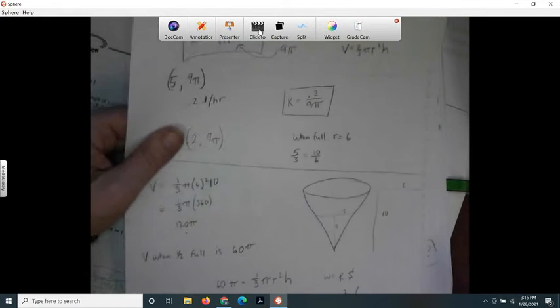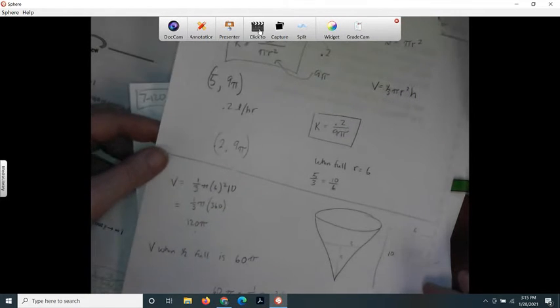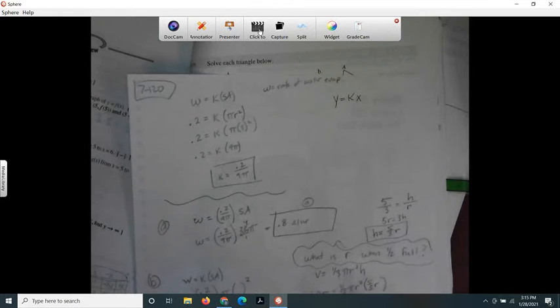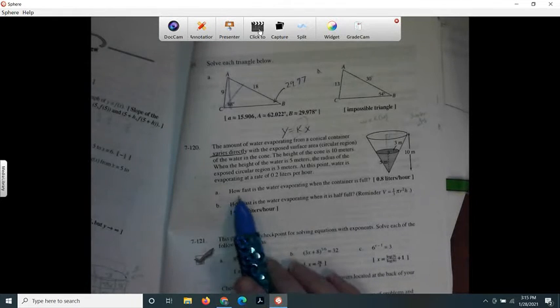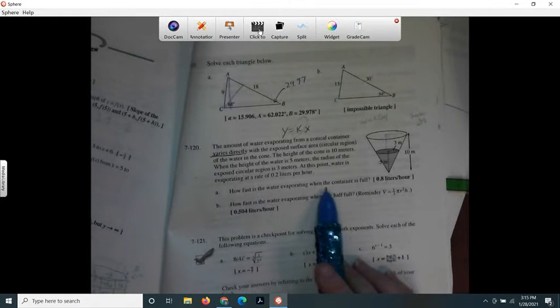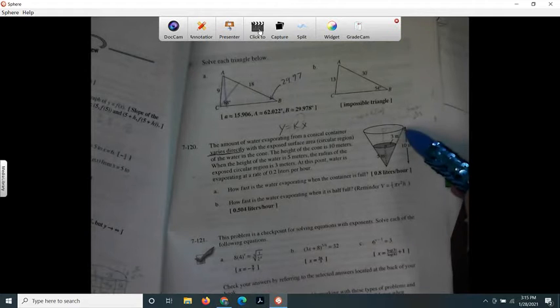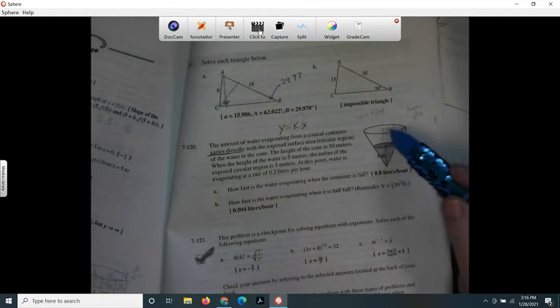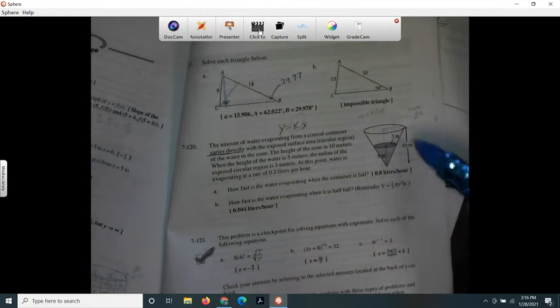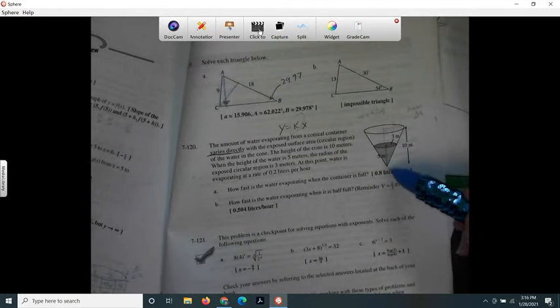Then I wanted to find out letter A. Letter A says, how fast is the water evaporating when the container is full? I can figure out what the radius is when the container is full because I have similar triangles here. This little triangle, when the height is 5, the radius is 3. But these are similar triangles. They have this right angle and they share this angle.